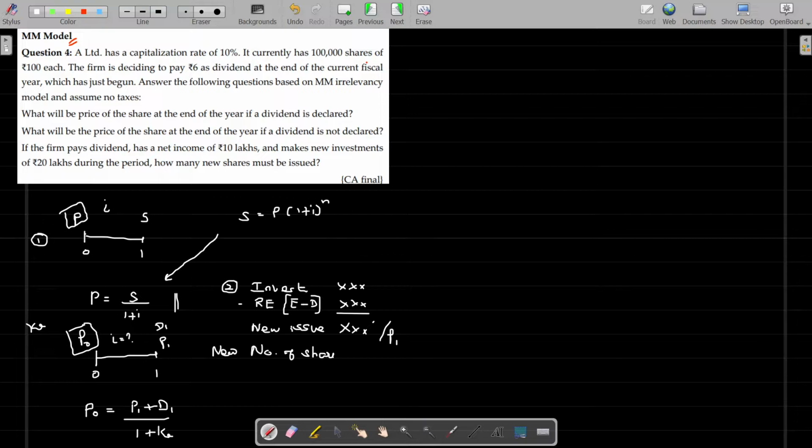We can assume this being the price by the end of first year. The notation used for that is P subscript 1. So we have found out how many shares I need, the new number of shares.